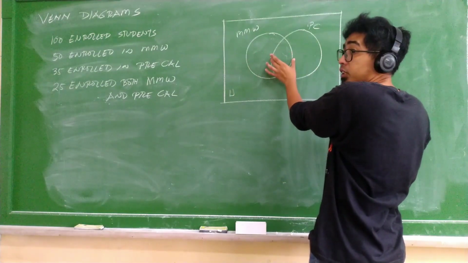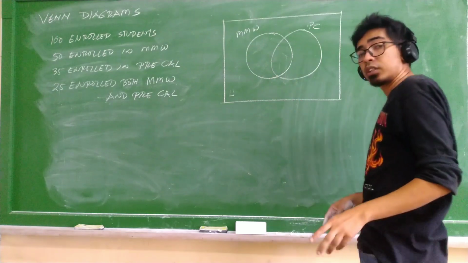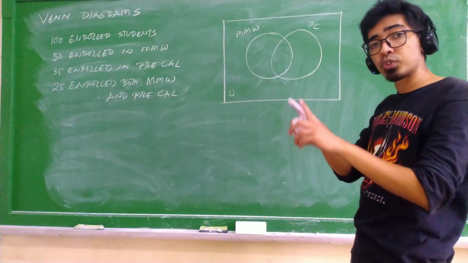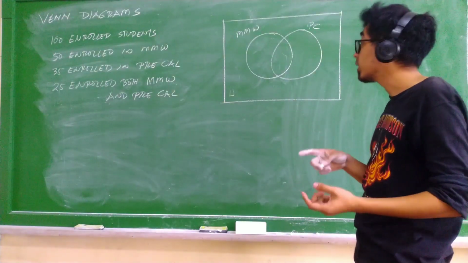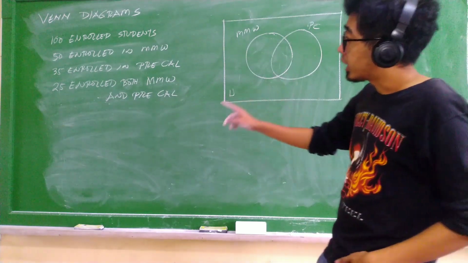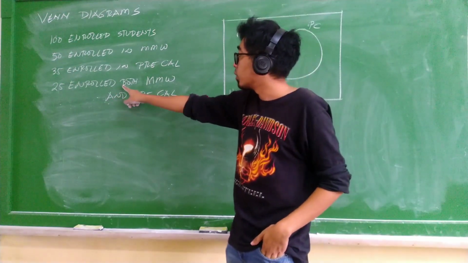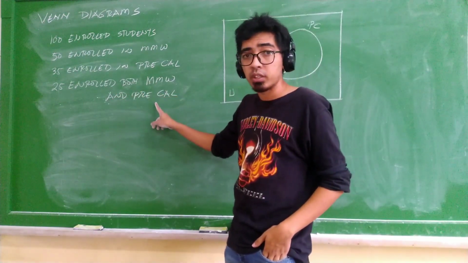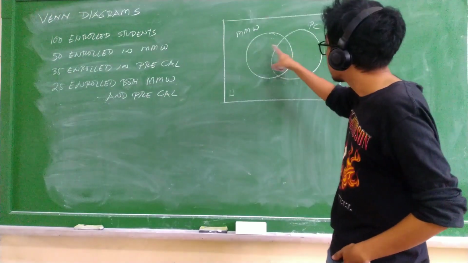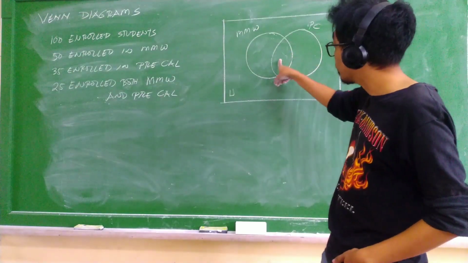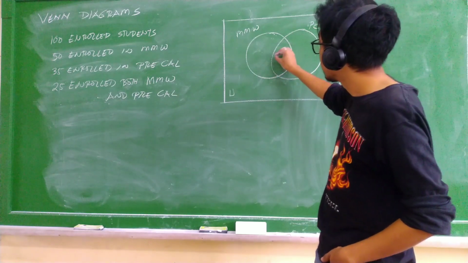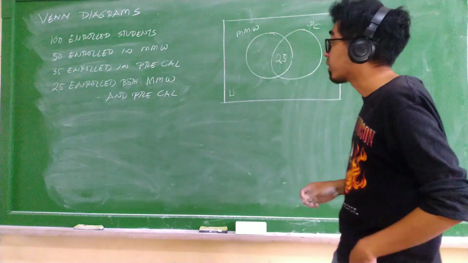How many are in this? So the trick in solving these kinds of problems is to start in the middle or in the intersection. According to our data, 25 are enrolled in both MMW and pre-cal. So we have here 25 students.